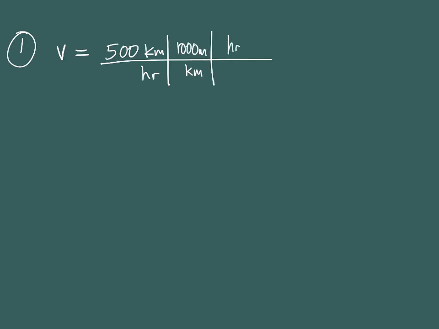And I know that every hour has 3,600 seconds, 60 minutes times 60 seconds each. And so the hours drop out, the kilometers drop out, and I'm left with 138.9 meters per second. That's the meters per second speed of this tornado.